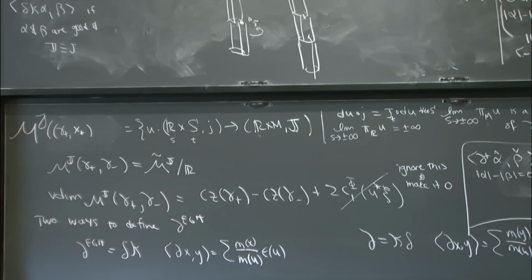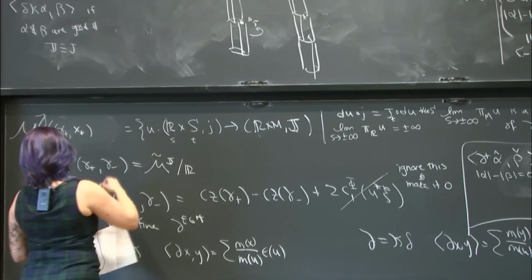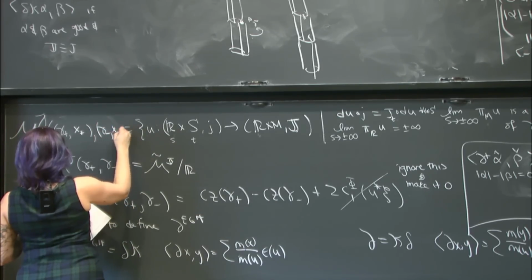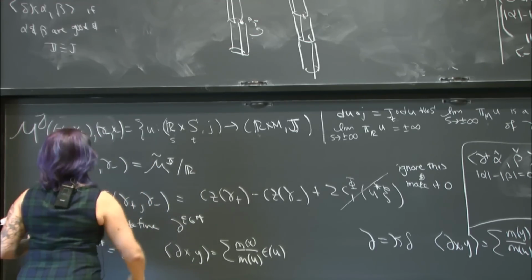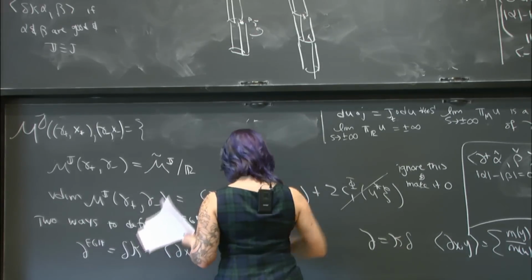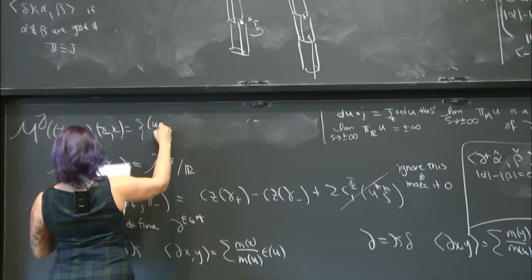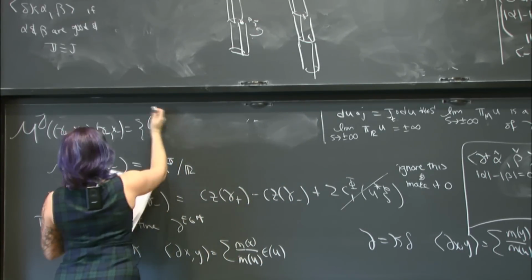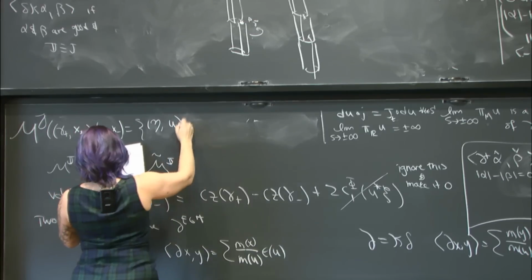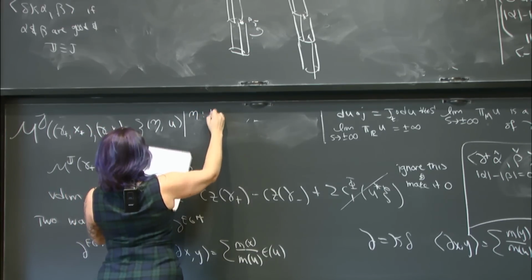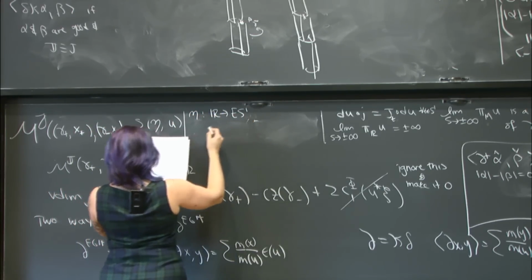So I'm going to have x plus and x minus be critical points of a Morse function on CP infinity, and you can just take the perfect Morse function on CP infinity. And then we have gamma minus, x minus, and then this is going to be pairs of curves. So we're going to have a curve and a flow line. So we're going to have an eta and a u, such that eta is a map from R to ES1. This is going to be a flow line.